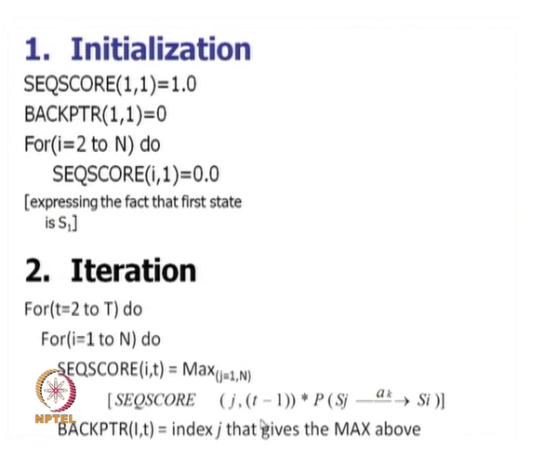So, this is the most important part of the Viterbi algorithm. We do not advance any state whose probability value is less than the winner sequence's probability value ending in a particular state. Back pointer(I,t) is equal to the index j that gives the maximum of the above. It is a way of keeping the pointer to be able to recover the state sequence.